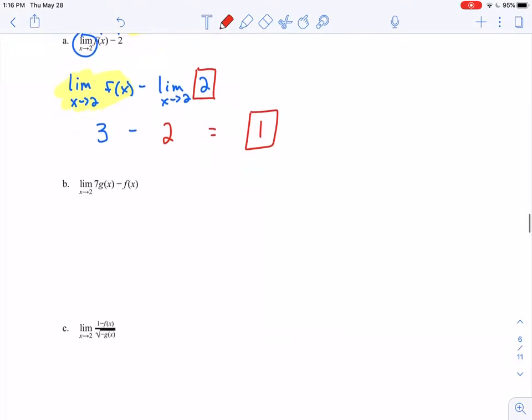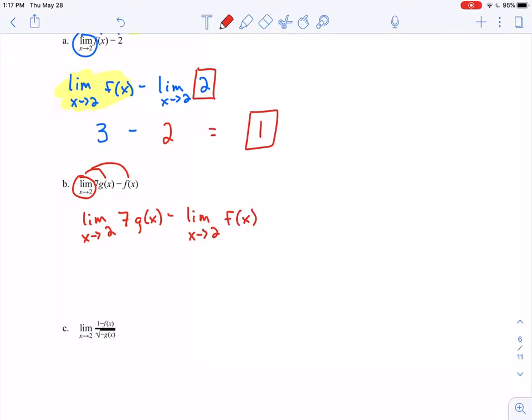Part B, I have the limit as x approaches 2 of 7 times g of x minus f of x. Again, I'm going to start this problem off by taking this limit statement and distributing it over my subtraction here. So the limit as x approaches 2 of 7 times g of x minus the limit as x approaches 2 of f of x.